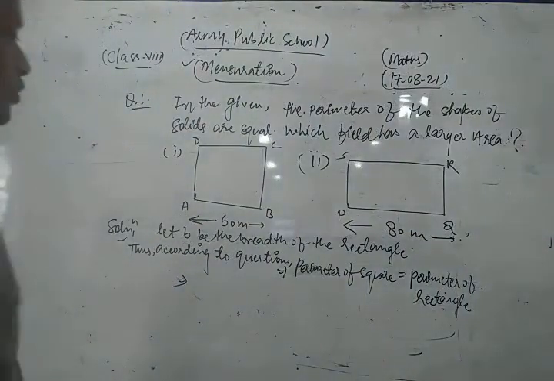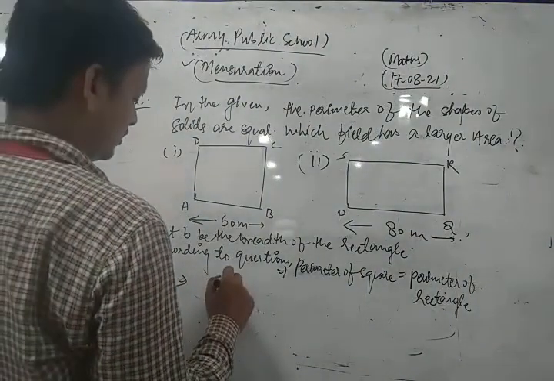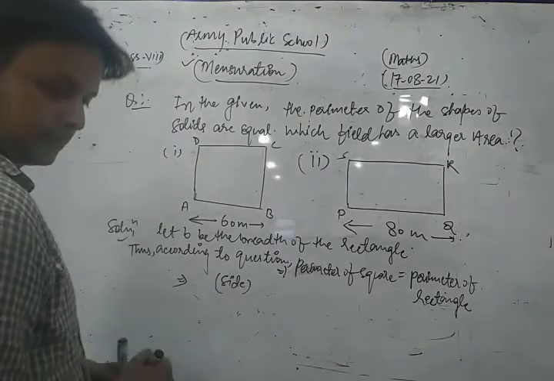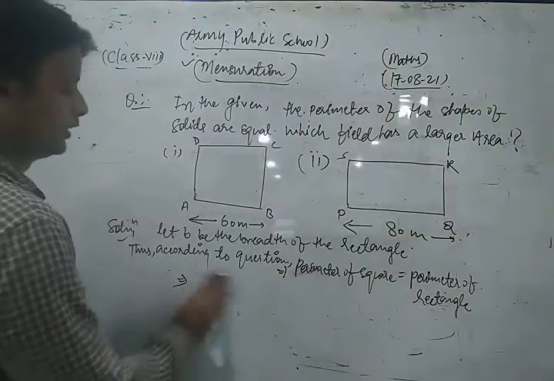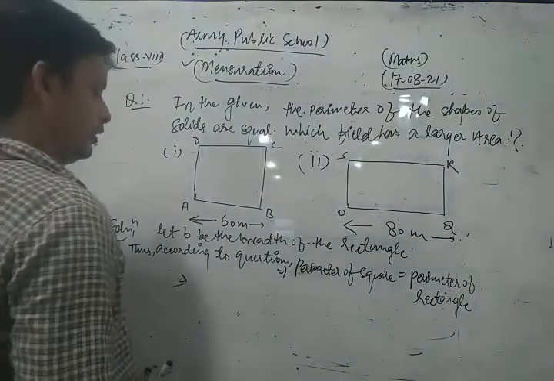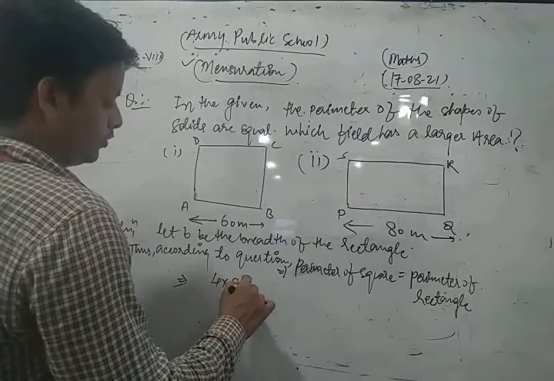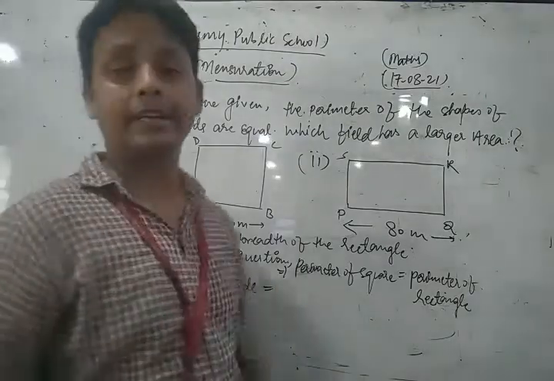So what is the perimeter of a square? The perimeter of the square is 4 into side, which is equal to the perimeter of the rectangle.